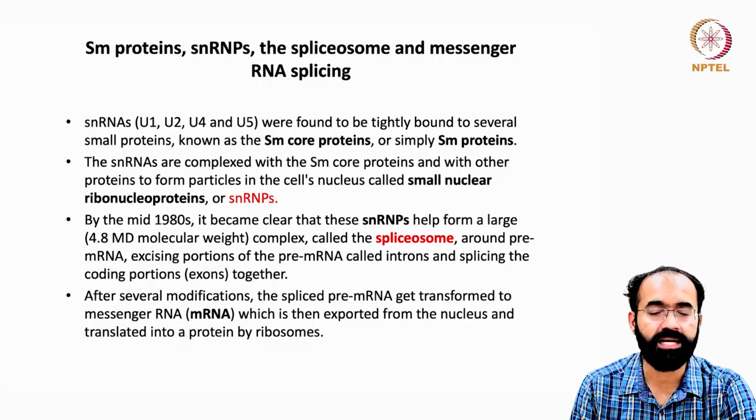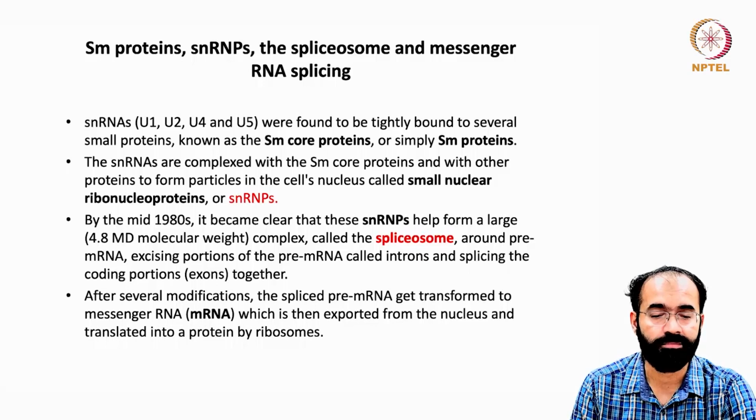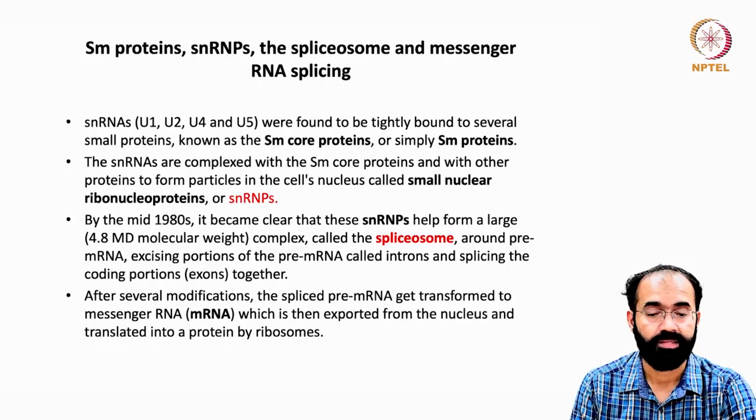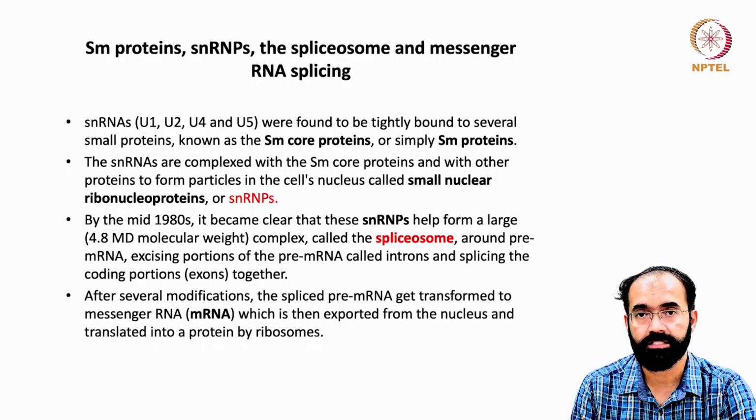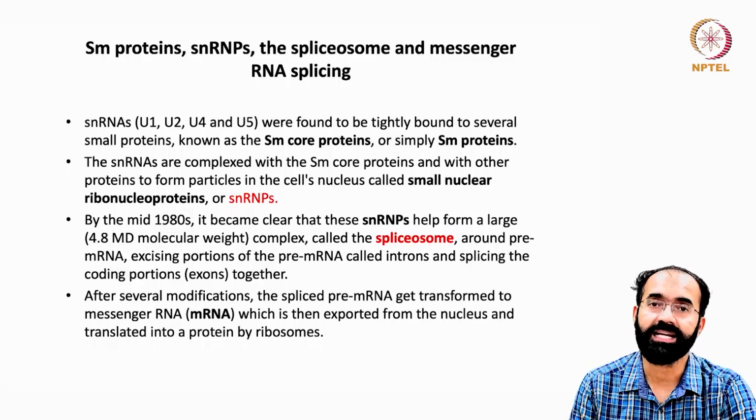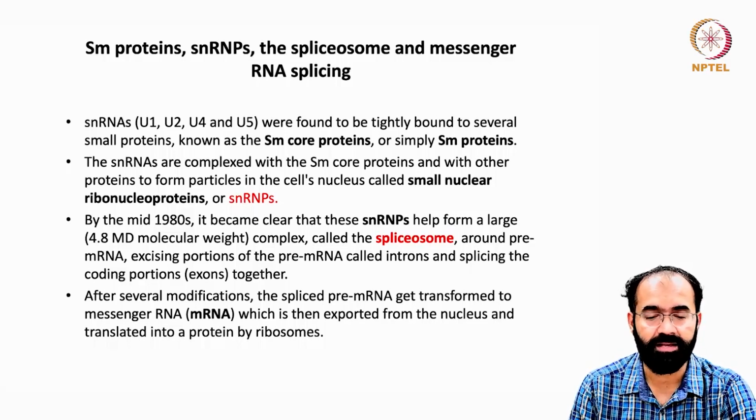The snRNAs are complexed with the SM core proteins and other proteins to form particles in the cell, especially in the nucleus, called small nuclear ribonucleoproteins or snRNPs. The terminology is formed because of the assemblage of snRNA with the SM proteins mainly.